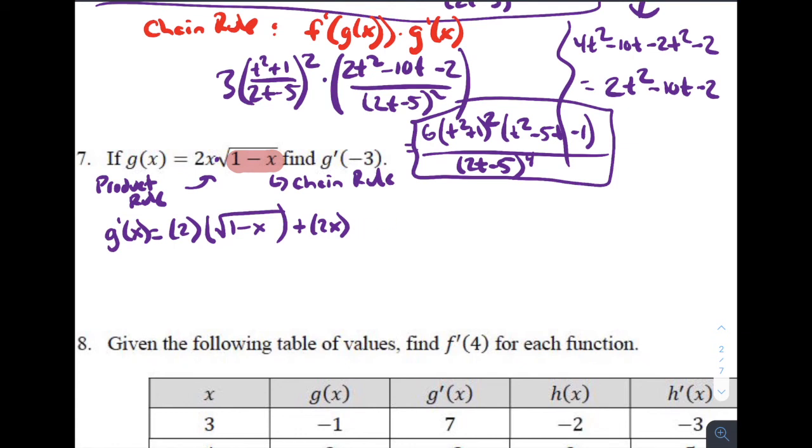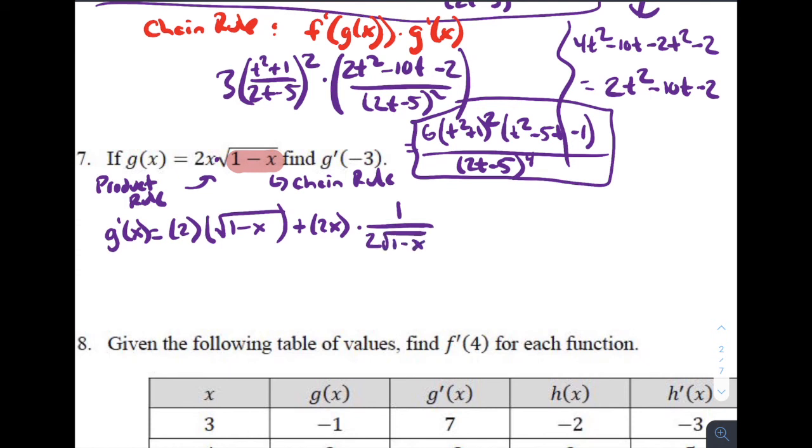So what I'm going to multiply here is the derivative of this. Our outside function is going to be the x to the 1/2 power, or the square root of x. So this is going to be times 1 over 2 square root of 1 minus x.